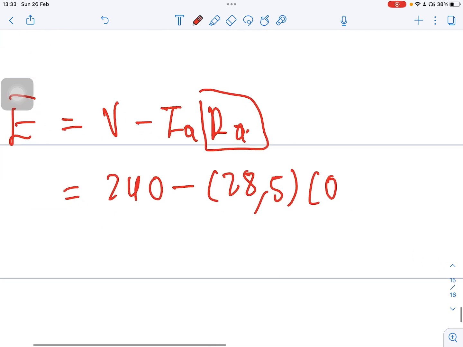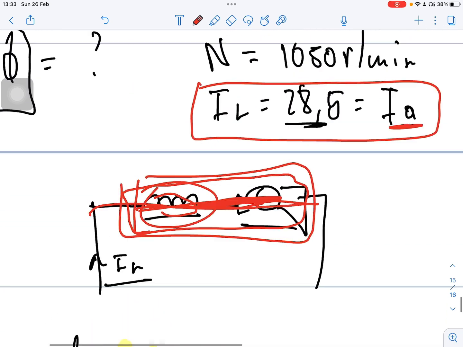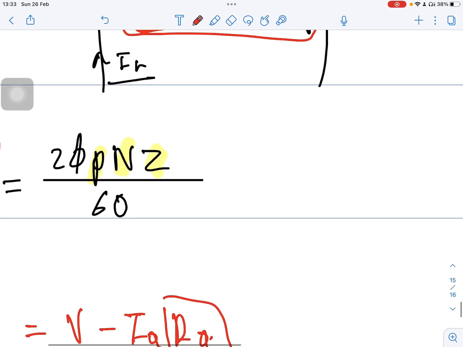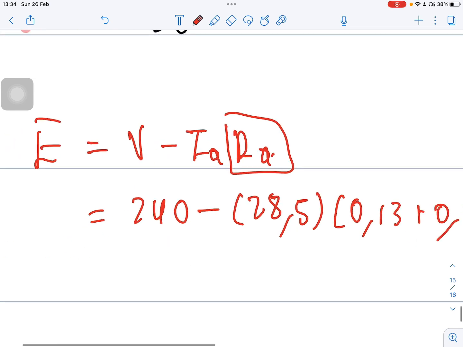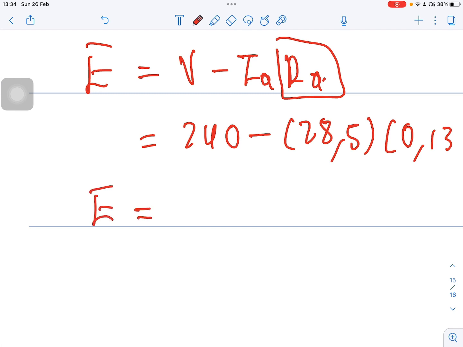So I'm going to say 0.13 plus 0.24. Then we find E, the back EMF, which is 229.455 volts.